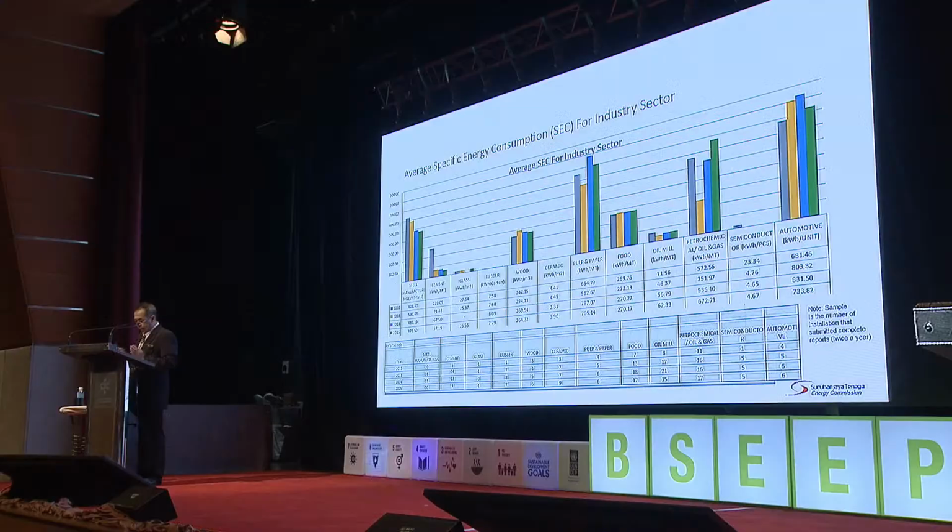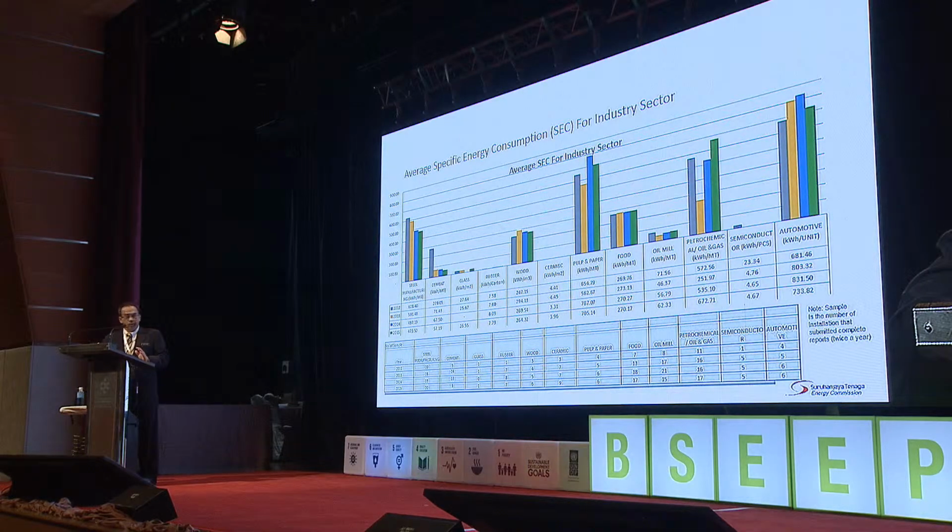But what we did a few years back is try to get the specific energy consumption by industry subsector: cement, steel, glass, rubber, wood. For example, in 2005, for steel manufacturers, that is the average energy consumption per unit. In the case of steel, it goes by metric ton.